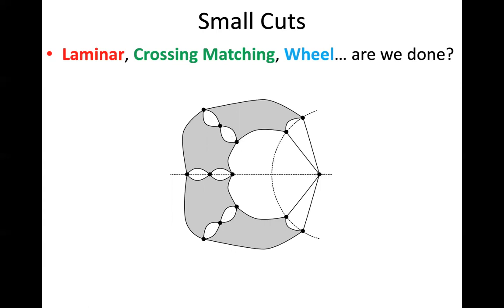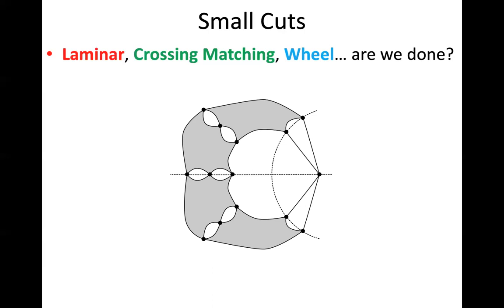But then we have this cut here defined by this semicircular arc. And if you look at the relationship between this semicircular arc and the horizontal cut, it's not laminar, it's not a crossing matching cut, and it's not a wheel cut. So we need a new category, or maybe we need 2 new categories, or some number of new categories.